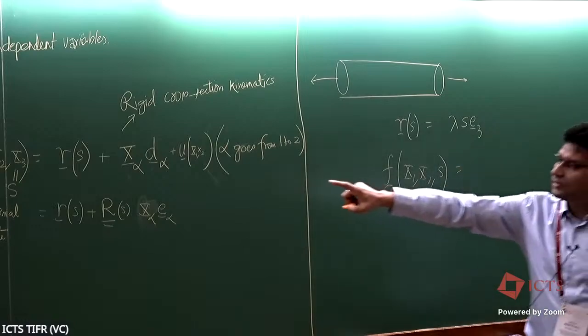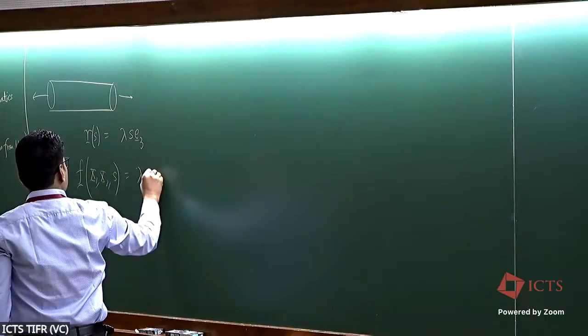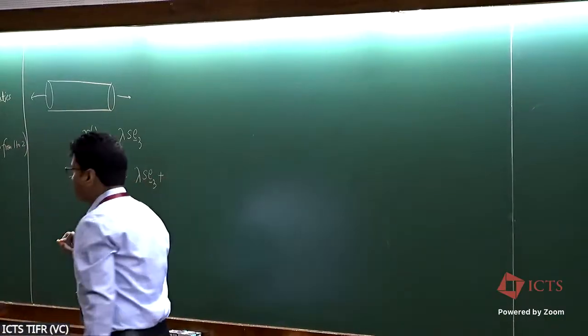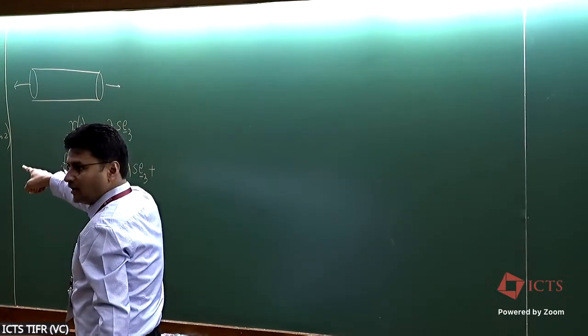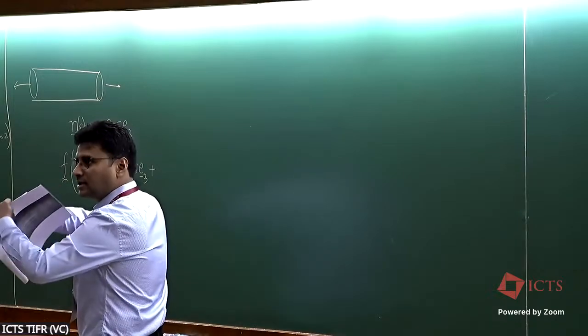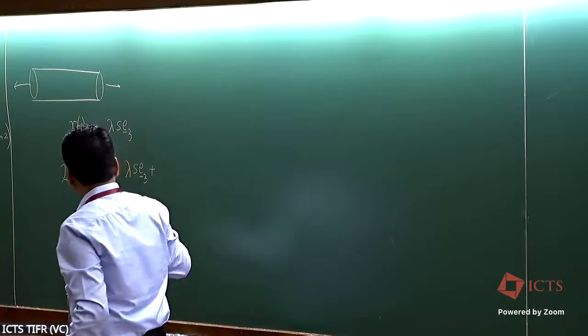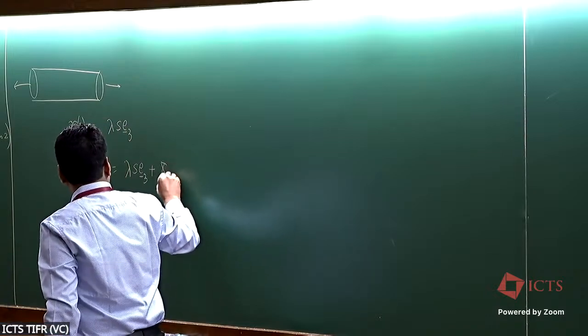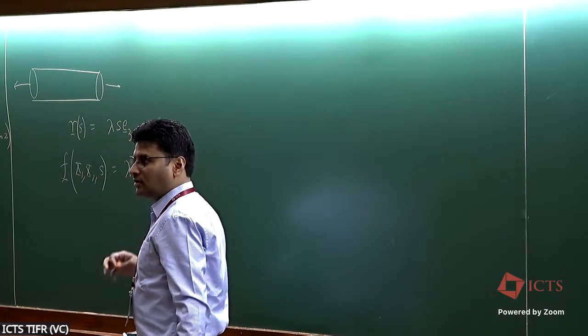If you think of this kinematics, you'll get lambda S E3 plus x alpha d alpha. Because it's a simple stretching, no rotation is happening, so d alpha is the same as E alpha. So you'd come up with x alpha E alpha. But does this happen?